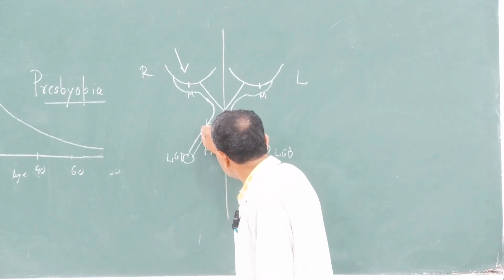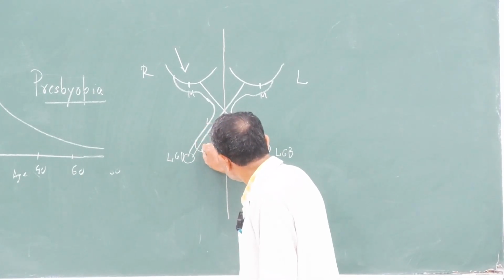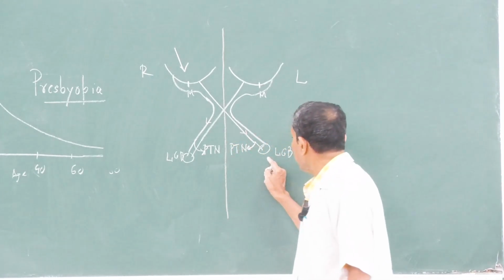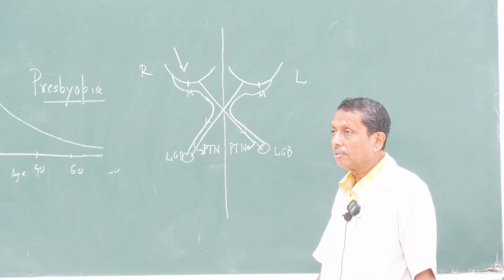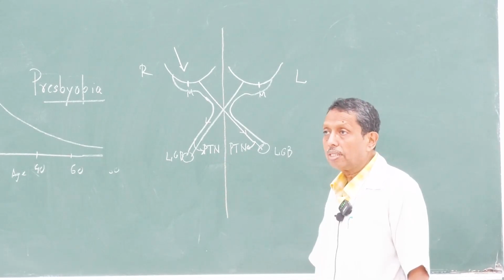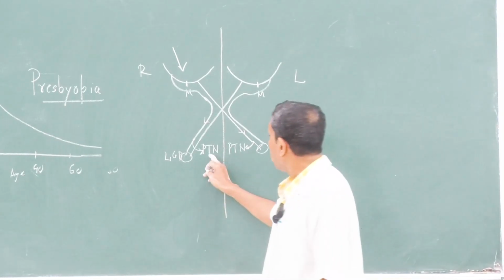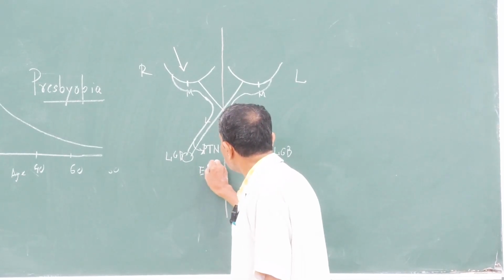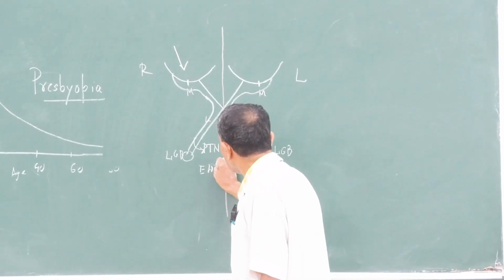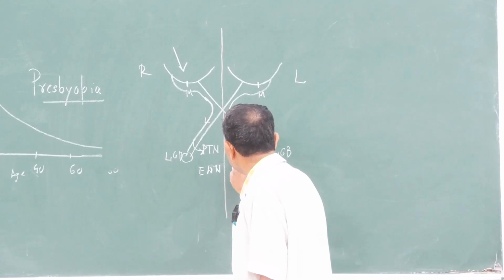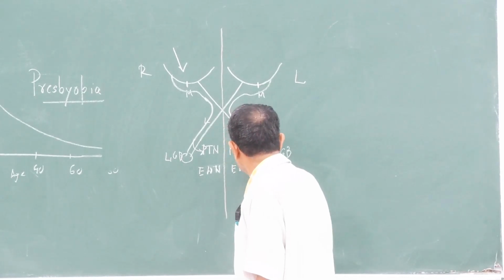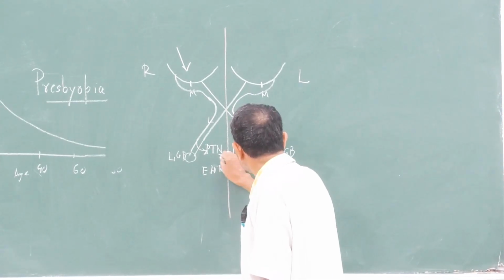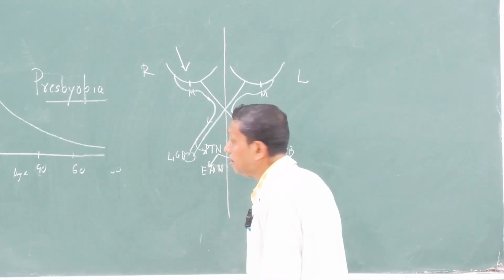It goes to the pretectal nucleus, and from there to the Edinger-Westphal nucleus, on this side and also on this side.